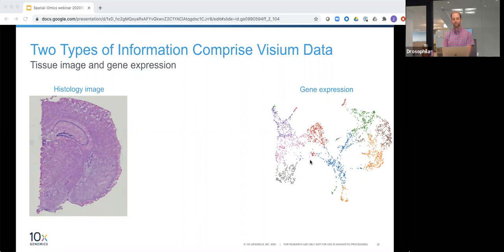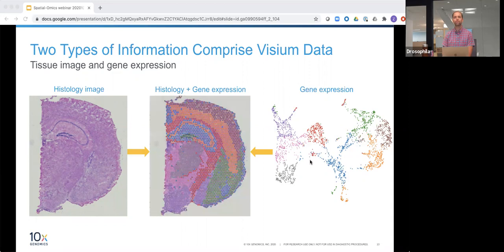And so you can have these clusters that you generate without the spatial information, and then you have your spatial information in the tissue, and you can overlay those on top of each other and see how these clusters map spatially. And you can see that they do map kind of how you would expect, where these specific regions are identified by specific clusters.